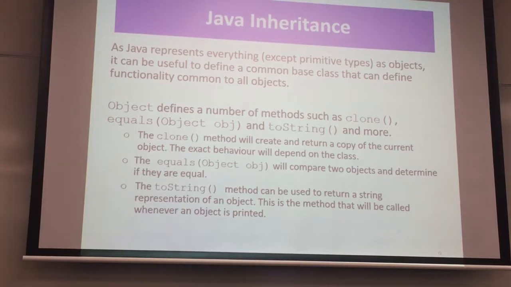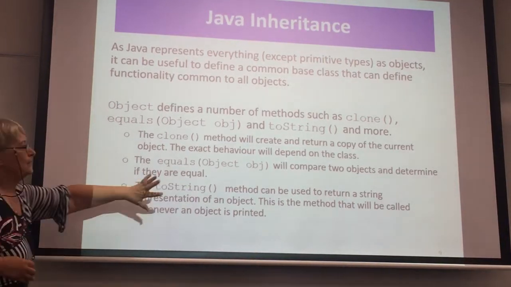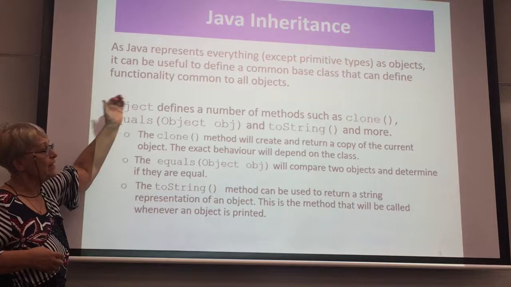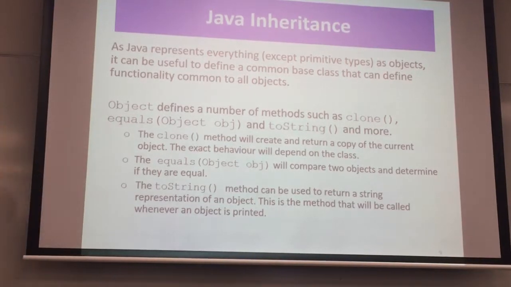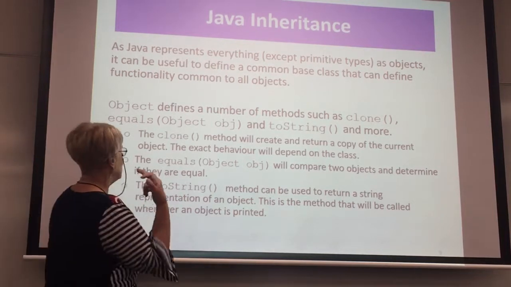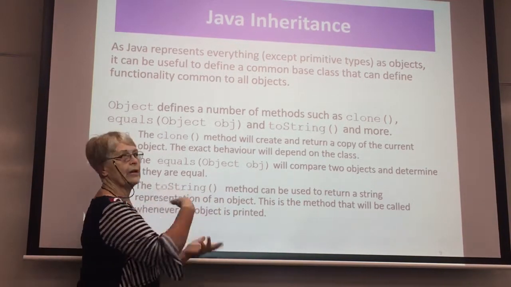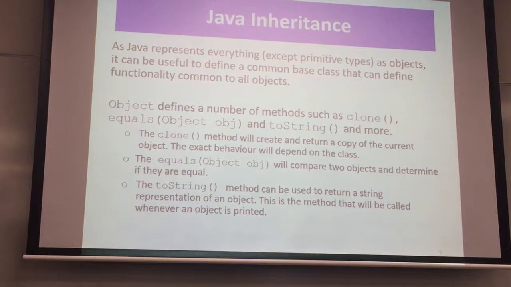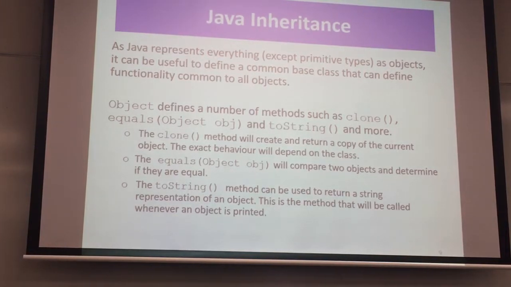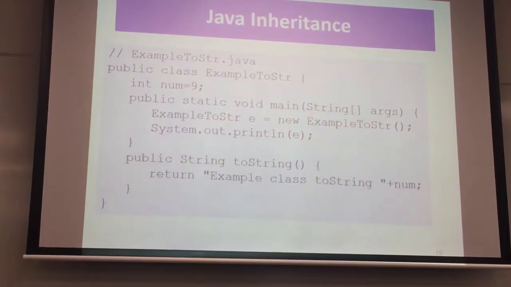toString is a method which is declared in the object class, which is an abstract class, but because it's there, you have the prototype available for you to write code. It takes no argument and returns the string representation of the object.